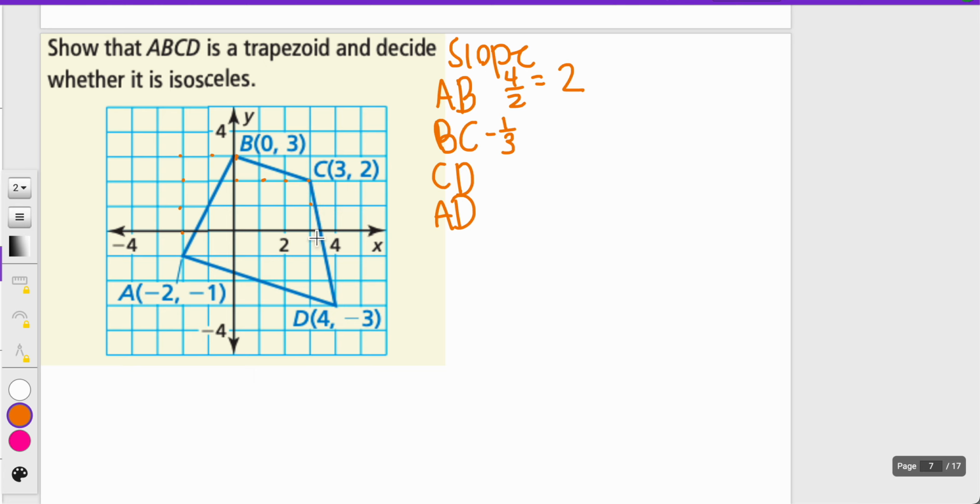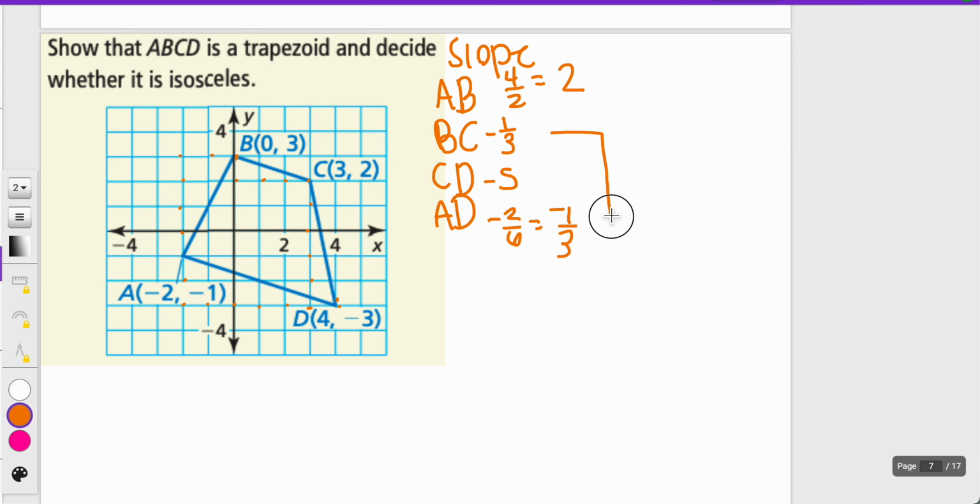CD, I go down 1, 2, 3, 4, 5 over 1, so that's negative 5. And then AD, I go down 2 over 6, so negative 2/6, which is equal to negative 1/3.